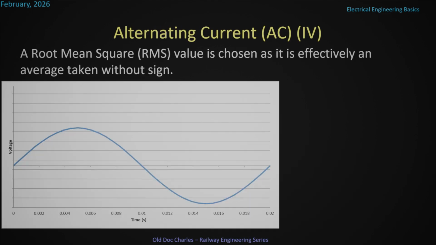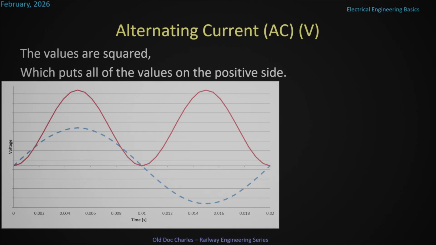That different way is what we call the root mean square, or the RMS. It's an average taken without any sign. The way we calculate it, the first thing we do is square the values, so that puts everything on the positive side of the voltage.